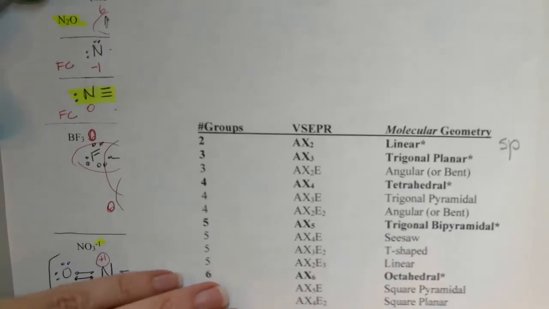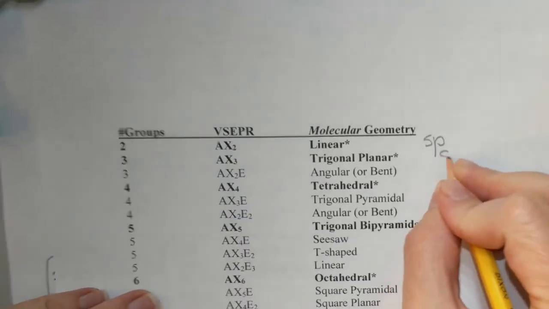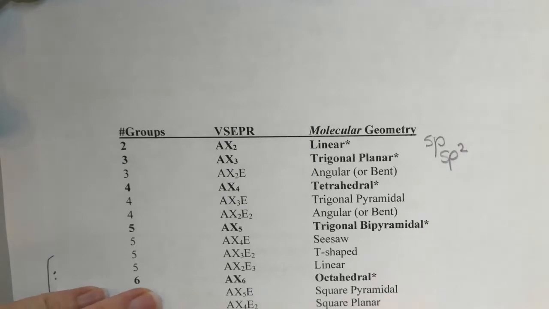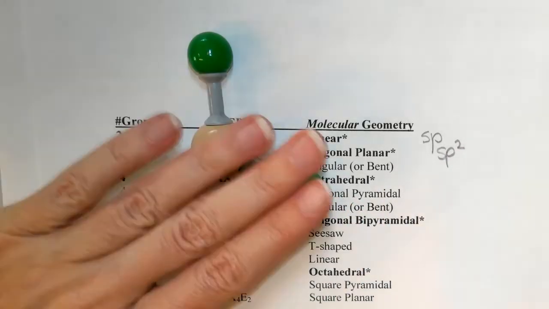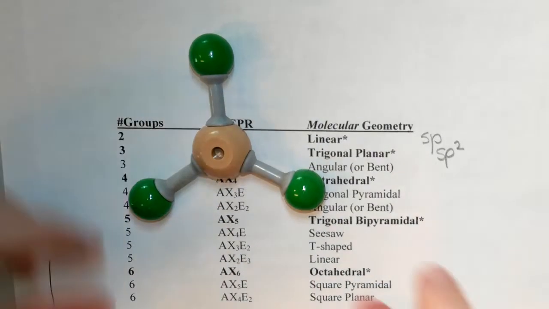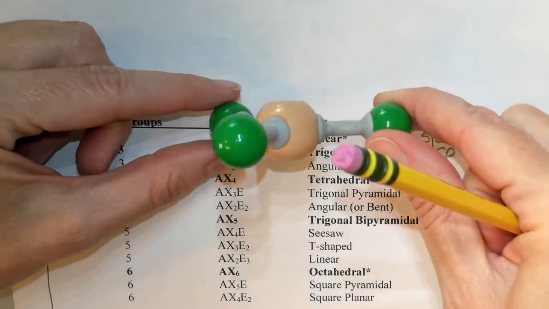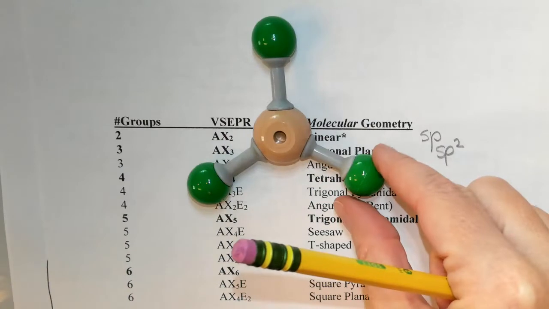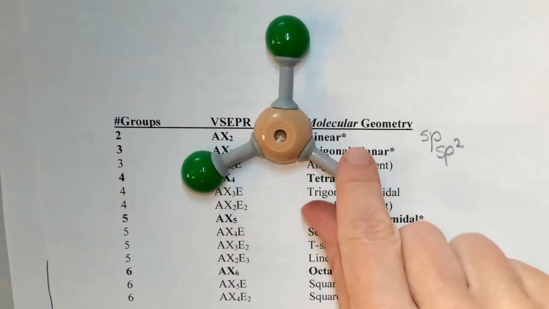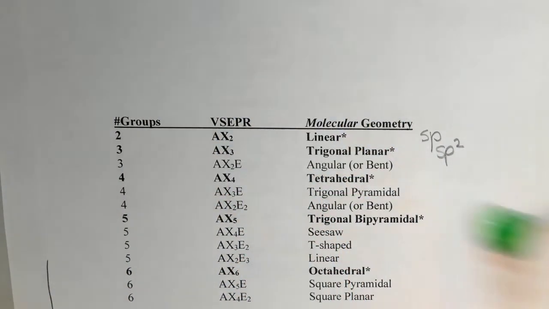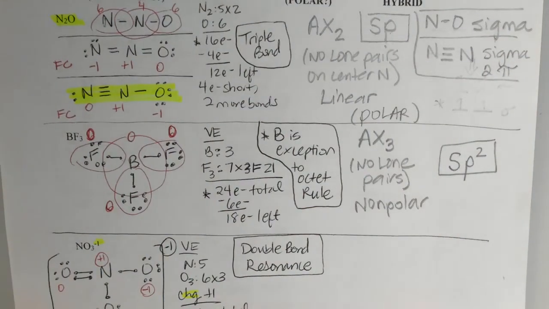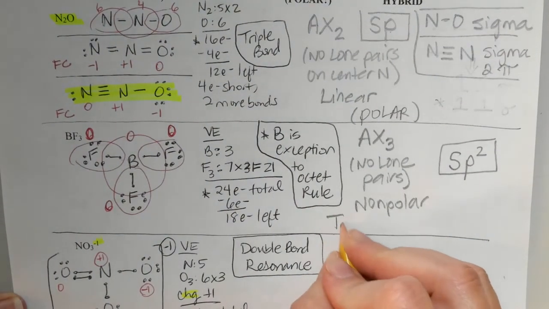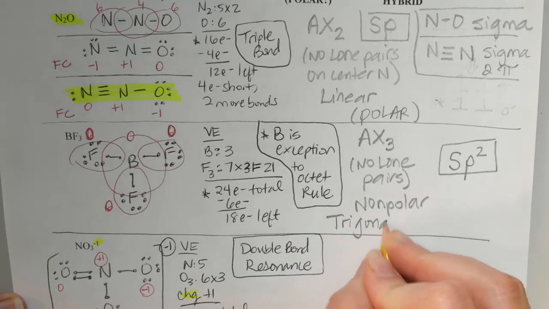So this geometry is called trigonal planar, and it makes sense, trigonal, like a triangle, and it's in a plane. Nothing is sticking up or out. This is just a nice planar molecule. So that's trigonal planar, sp2, and that would be the boron trifluoride. All right, so let me write that, trigonal planar.